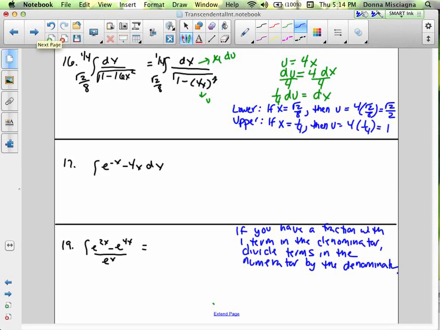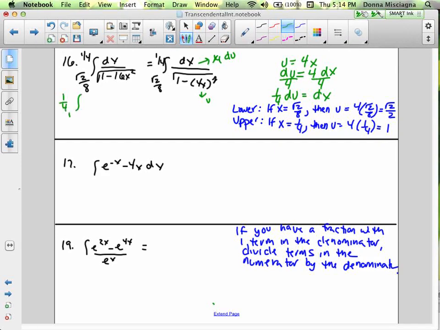All right, so now let's go ahead and rewrite this with the substitution. So the new limits are going to be the square root of 2 over 2 to 1. And don't forget the 1/4 there. We'll squeeze that in. I started to write the limits and I hadn't written the 1/4 yet.